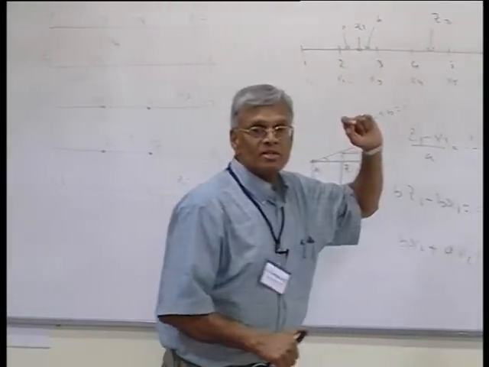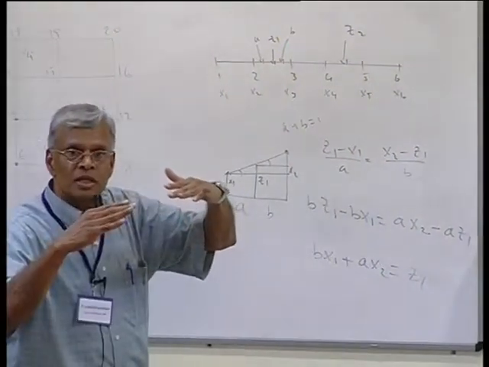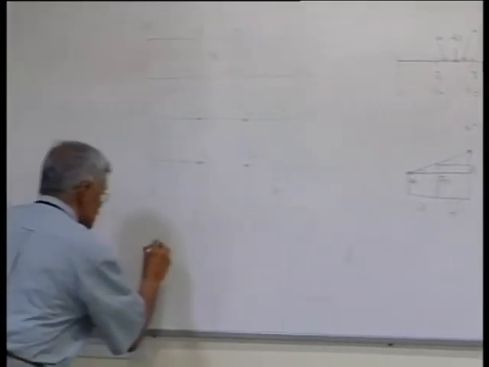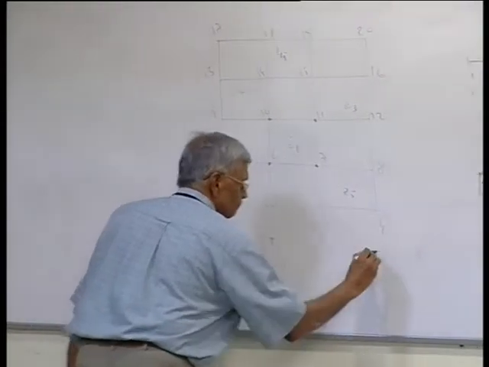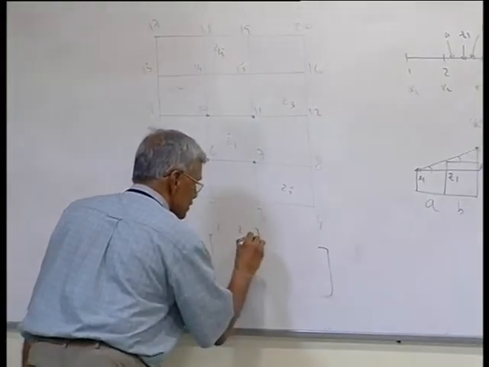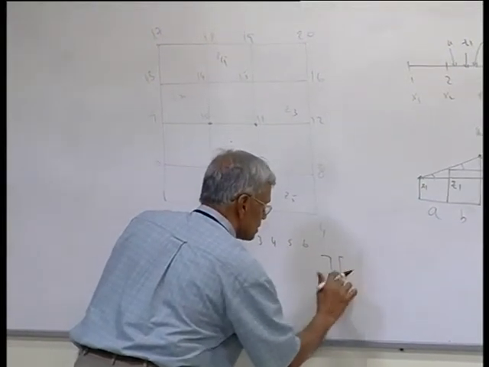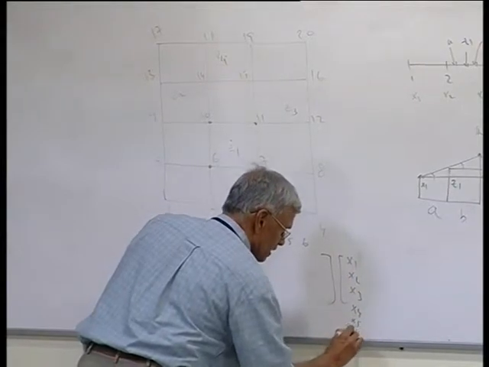I have only 2 observations, so my H matrix will have 2 rows. How many columns? 6 columns. So how is my H matrix going to look? Z1, Z2 is equal to the matrix with columns 1, 2, 3, 4, 5, 6, times x1, x2, x3, x4, x5, x6.